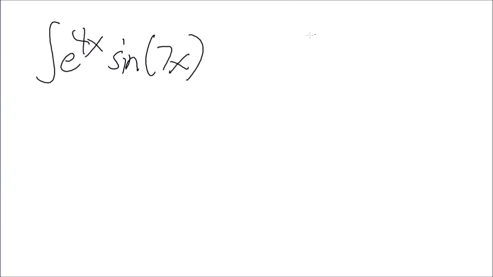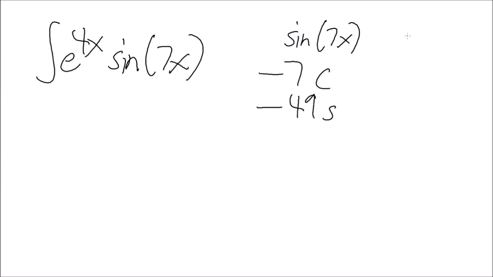Okay, if I was to come across an integral like that, I would just do integration by parts, just because it's easier. Okay, sine of 7x, this is 7 cosine, minus 49 sine, e to the 4x. I know it's going to be e to 4x all the time. 1/4, 1/16.